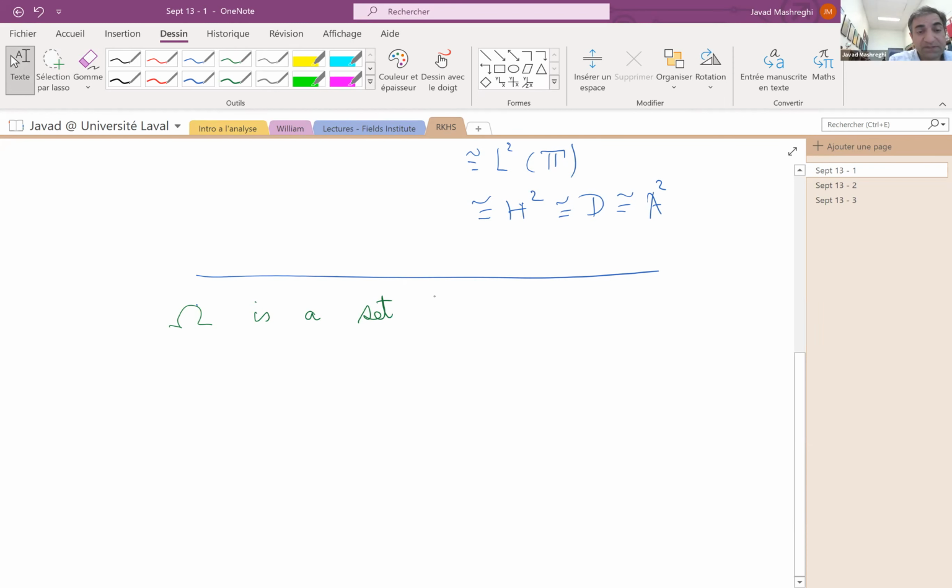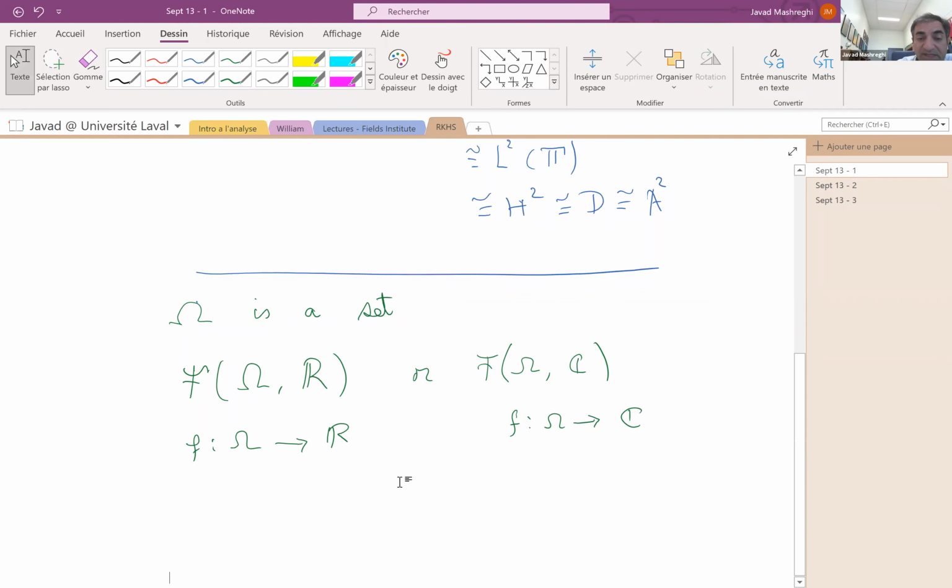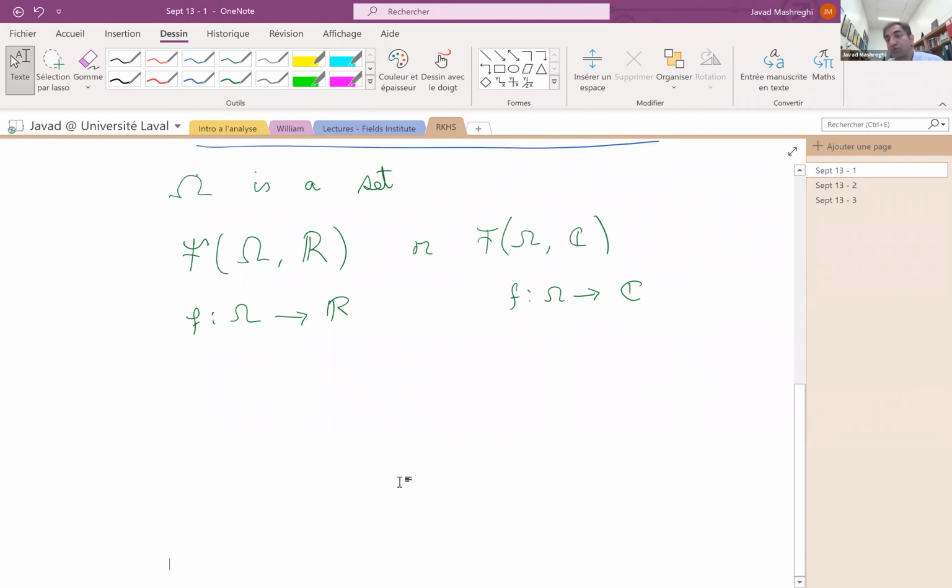And we consider F of omega to R, or F of omega to C. This means the set of all functions which are defined on omega and are real valued or complex valued. Therefore, you see that we have two families of RKHS, real ones and complex ones.